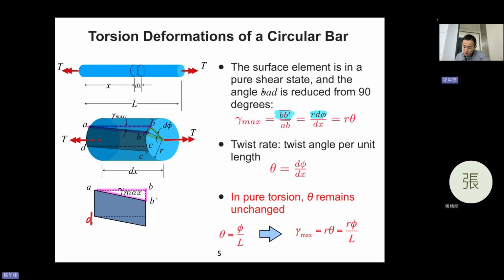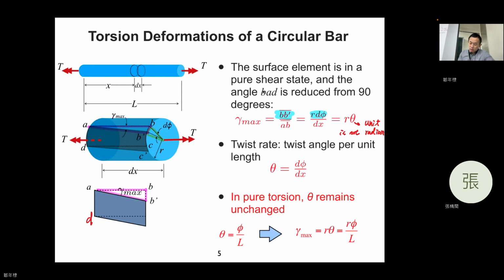It's a rate. So the unit is not radian. It's radian divided by meter, because dx is a length, unit length. So the unit of theta is not radian, it's radian divided by meter. Okay, so be careful about this.